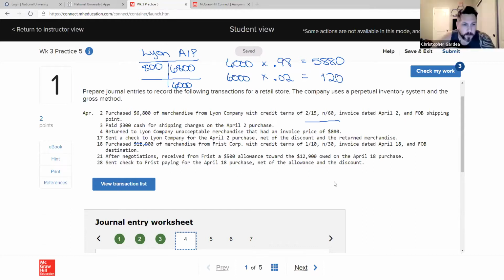We're paying on the 17th and we purchased on the 2nd. The way I translate it is you get a 2% discount if you pay within 15 days. Everything is due within 60. What it really means is the net balance is due within 60.